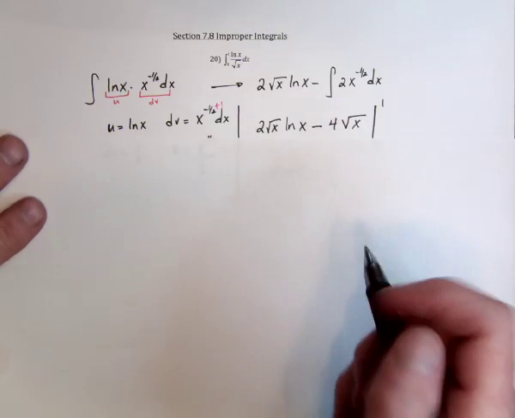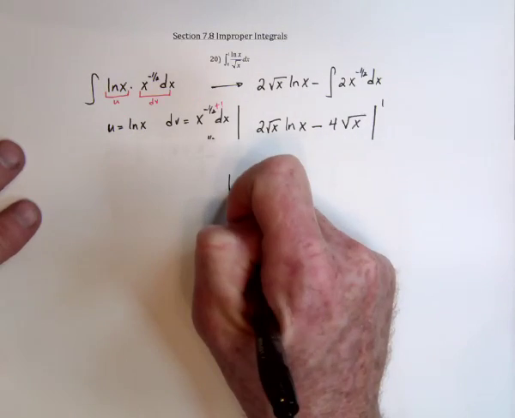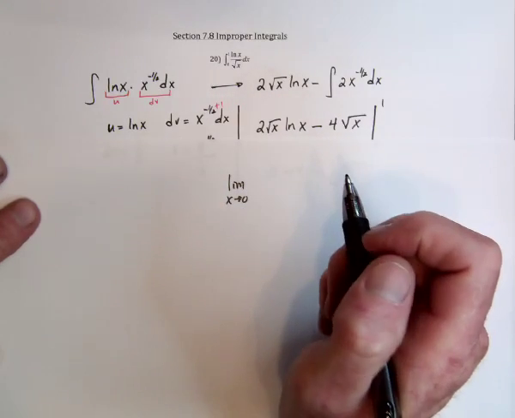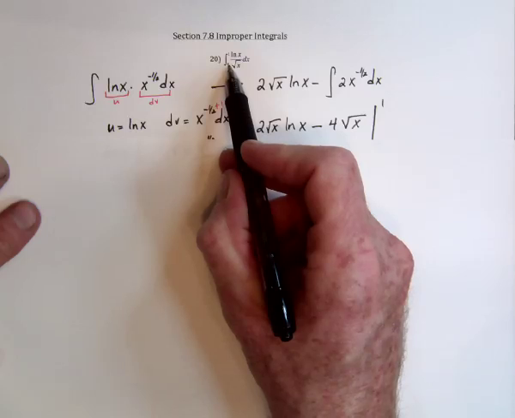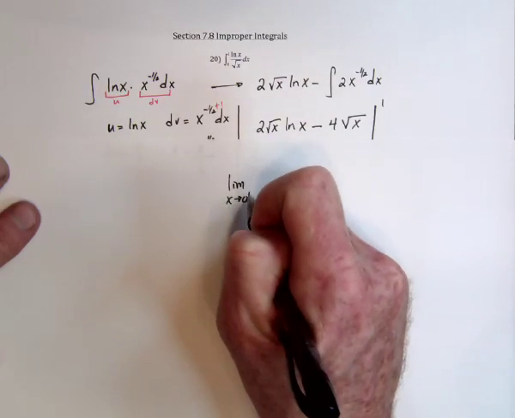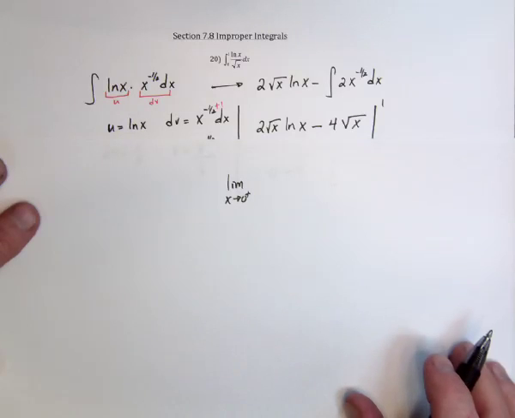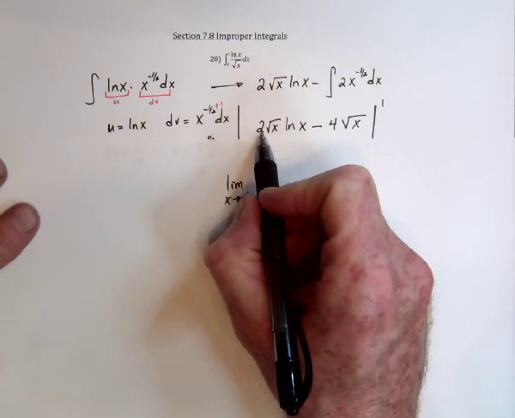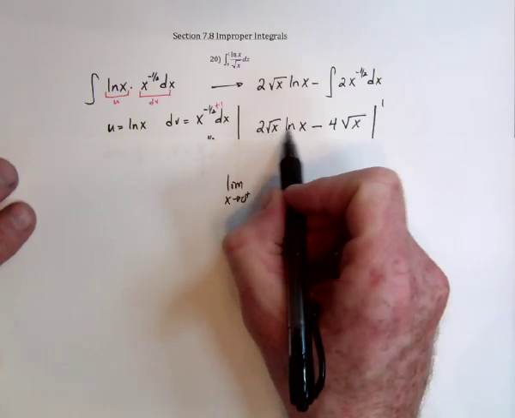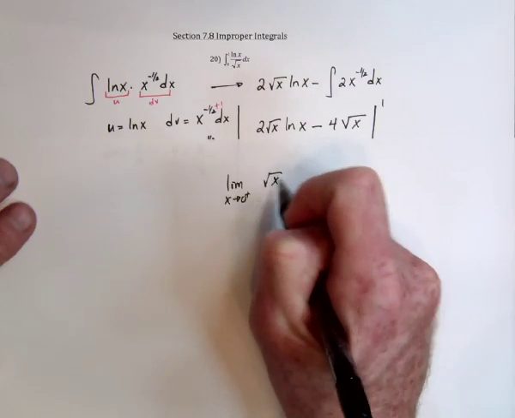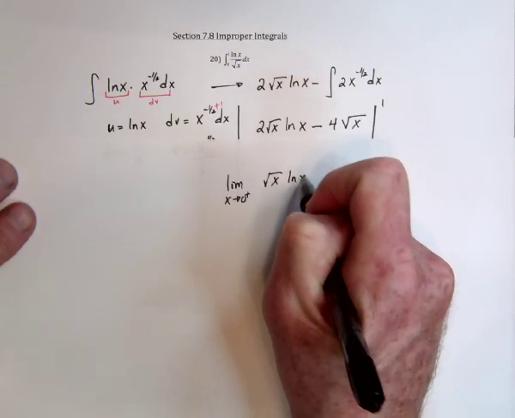So on some scratch paper here, we're going to have to say, what's the limit as x approaches 0? And it's actually on the right-hand side since this is from 0 to 1. So technically we're dealing with positives. And the 2 doesn't matter. I'm just going to leave the 2 there for a moment because it's really these two that I have to figure out. So then it's the square root of x times the natural log of x.